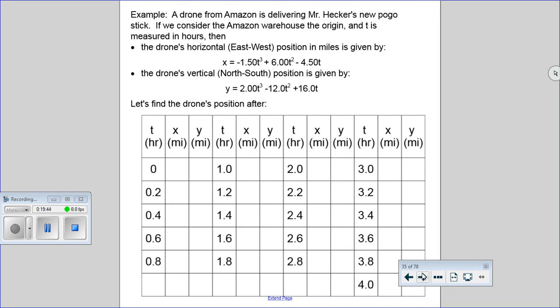Cool? So if we wanted to, and if we had the time, we could go through and figure out, by plugging in 0 for time, the position of the warehouse. What are you going to get? 0, right? Because I told you that. We could find the position after 0.2 hours or 0.4 hours just by plugging in 0.2 here and 0.2 here, or 0.4 here and 0.4 here, right? Good? I will spare you going through the calculations. Do you all agree we could do that?